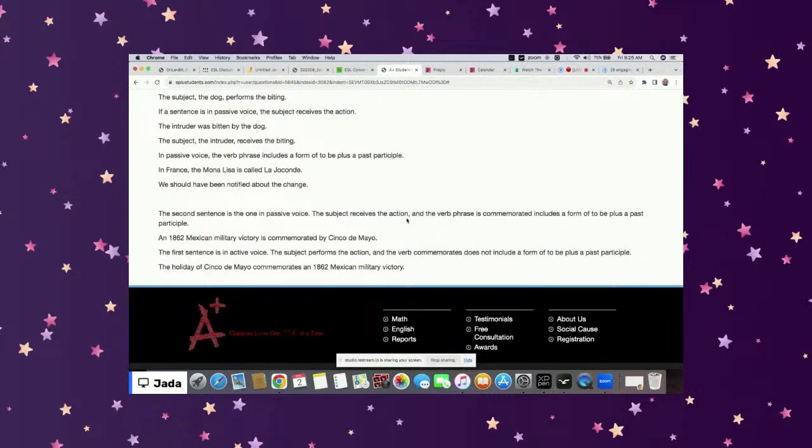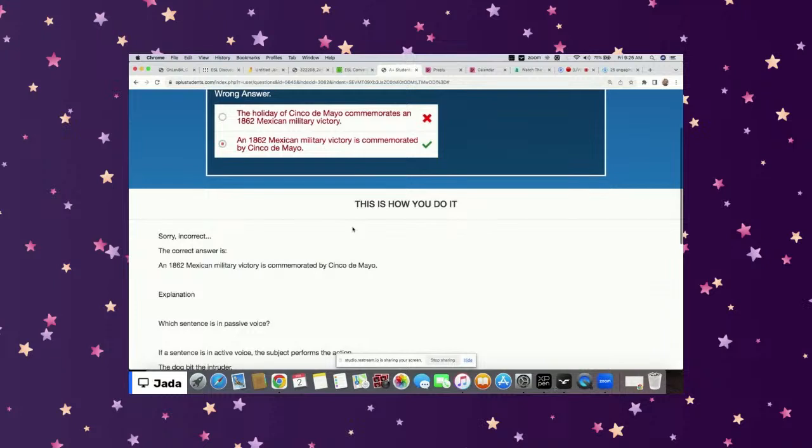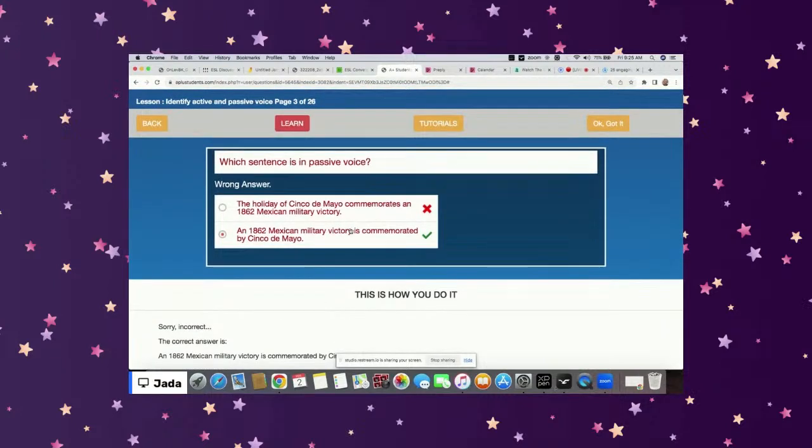So the first sentence is in active. The subject performs the action. Now the second sentence, an 1862 Mexican military victory is commemorated, that is the passive voice. So if ever you get anything wrong, scroll down, read it again, just so that you can understand it better.